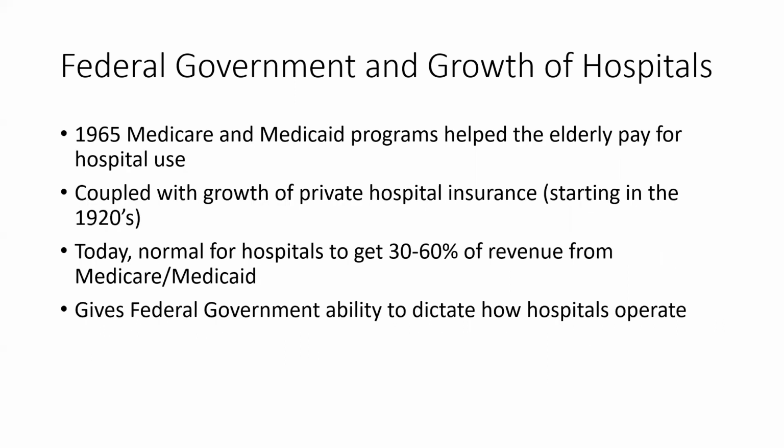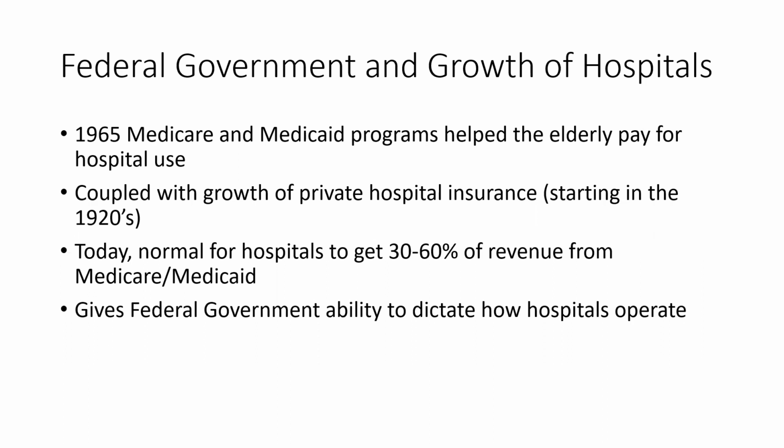So in conjunction with the demand for hospitals, in 1965 Medicare and Medicaid help the elderly and indigent pay for hospital use. And so that triggers a demand for hospitals. So there's money suddenly that people could be spending on inpatient care, but no hospitals.